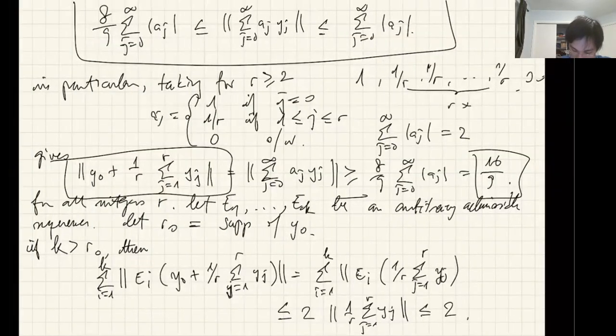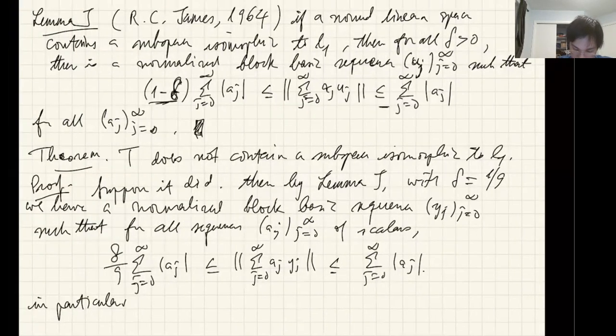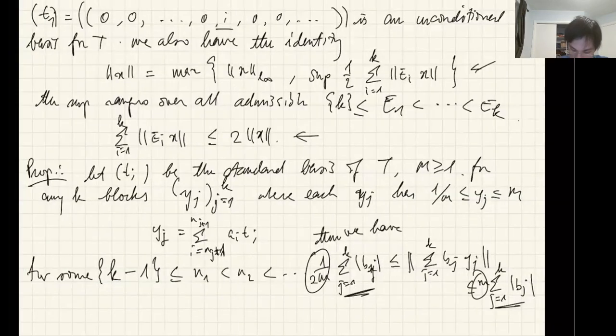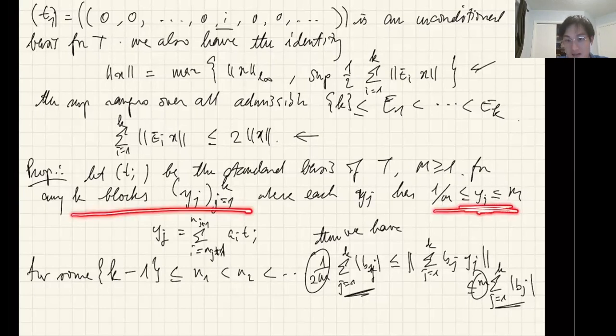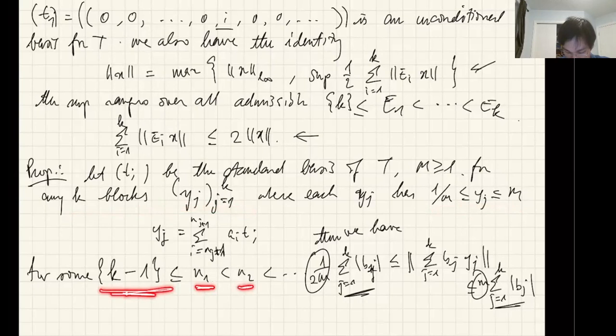So we took the standard basis of T, and for any k blocks of a semi-normalized block basic sequence, as long as you have k minus 1 less than the support of the first one, then we have this.